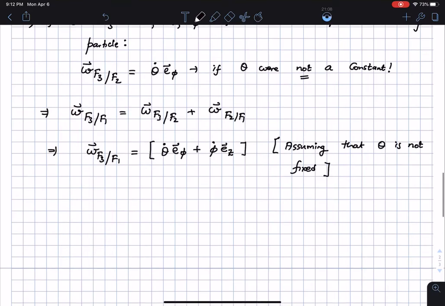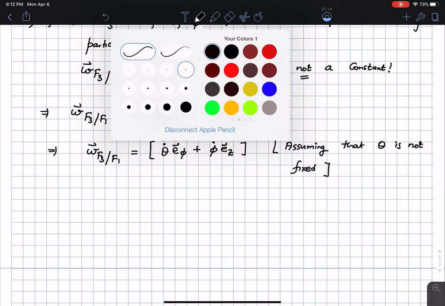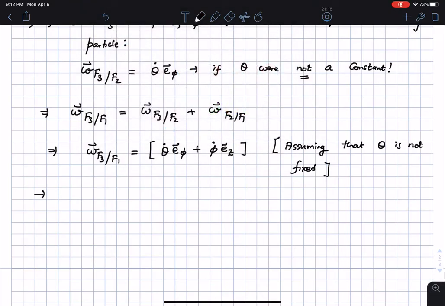Now we are going to enforce the constraints. So what are the constraints? The first constraint is that theta is fixed, which means that theta dot is equal to 0. The second constraint, as you can see, is that phi dot is actually equal to omega.